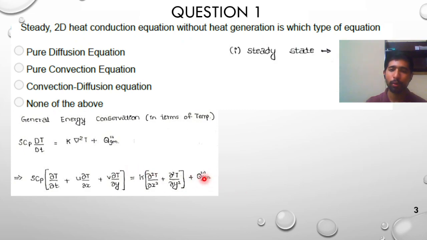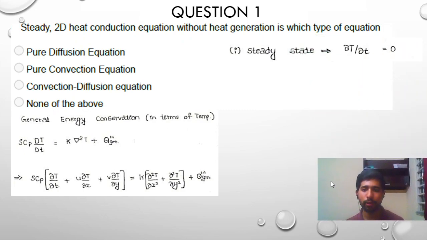Why this comes on the right hand side and why this comes on the left hand side, I hope you might be knowing. We usually take the incoming advection flux, and the total diffusion flux which is going out of the control volume, so that is why it comes on the right hand side. I think that is understood.